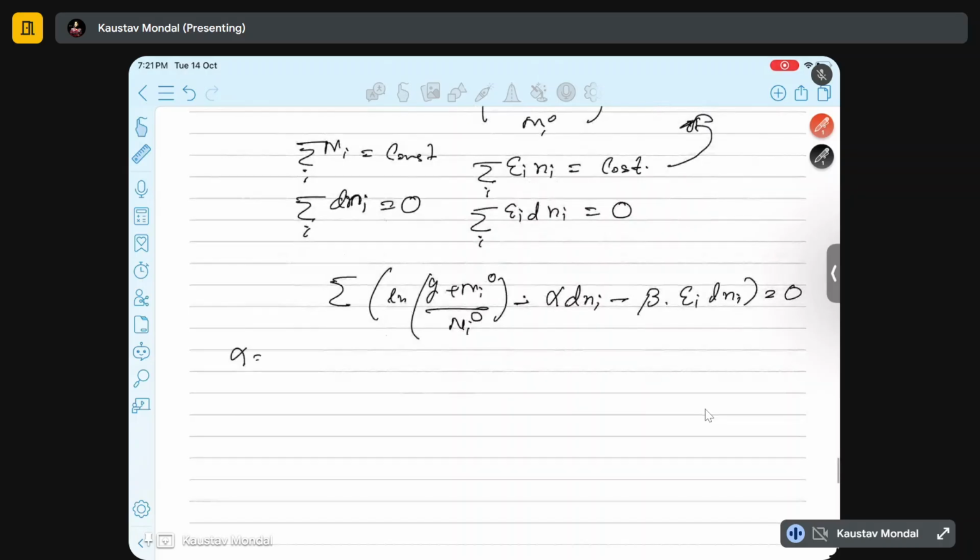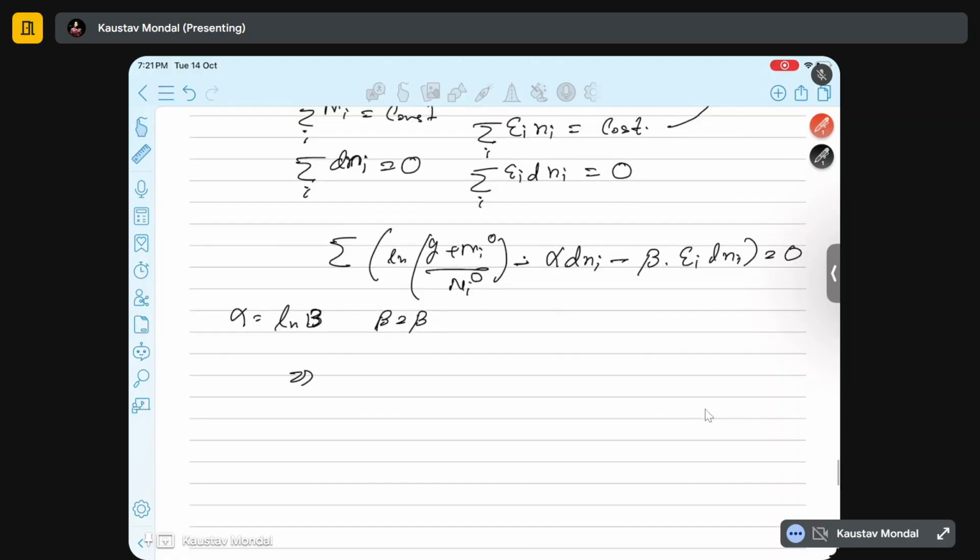Now we are taking alpha equal to ln b and beta we are simply taking as beta, just to make the calculation simpler. So we get ln of (g plus Ni0) over Ni0 minus ln b minus beta ei, if you take dNi as common.